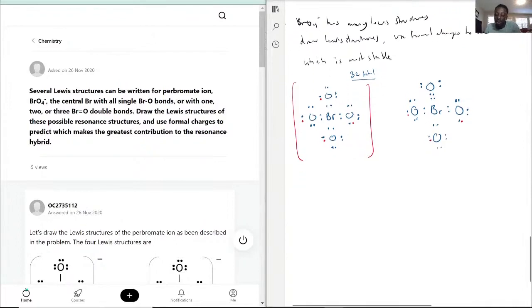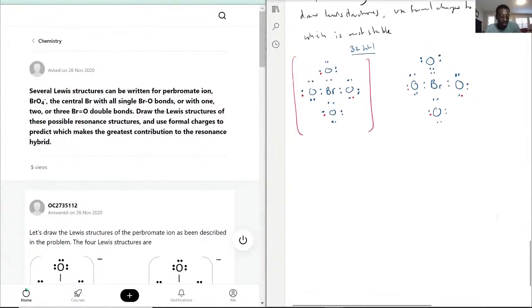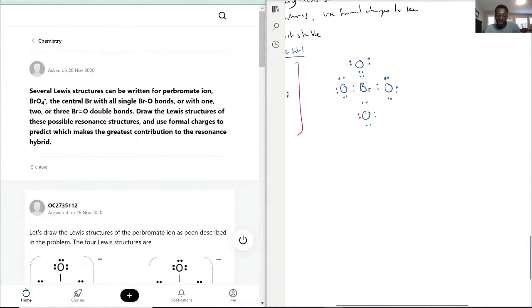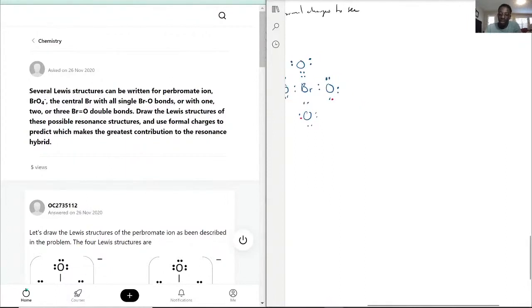So with that being said, let's move on now to the next bromine iteration. The next bromine iteration would be still bromine in the middle, but now it has 2 double bonds.